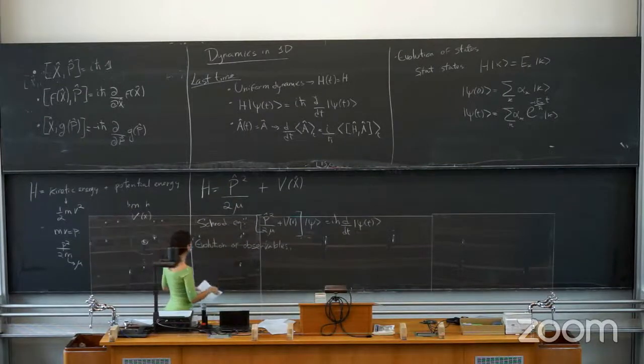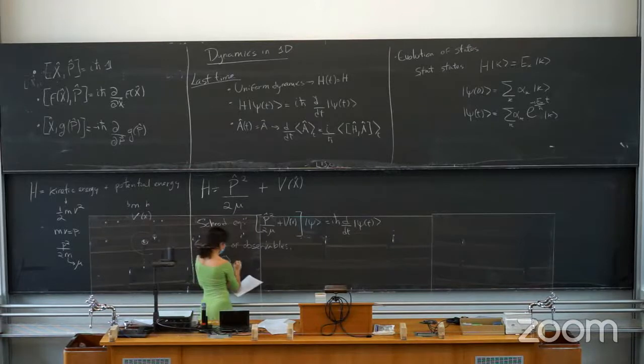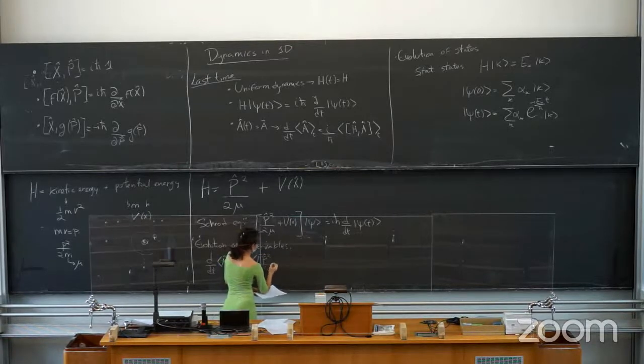So d/dt of the average of the observable A in time is i over h bar times the commutator of the Hamiltonian with the observable. The Hamiltonian is this: p squared over 2 mu plus V of x, and A.